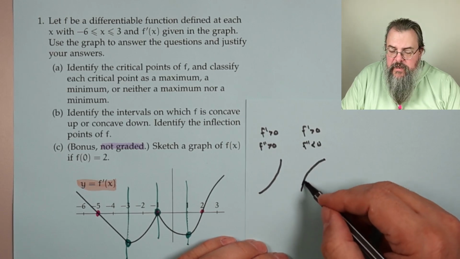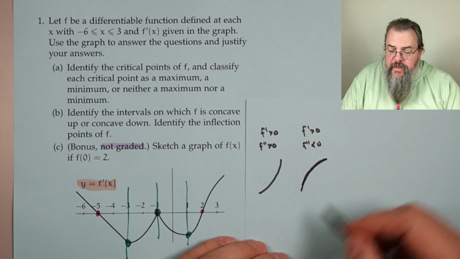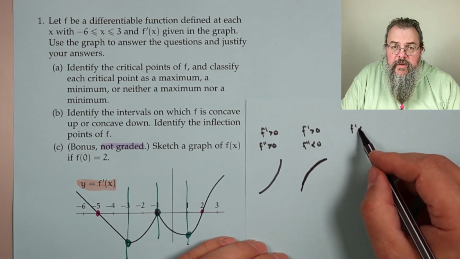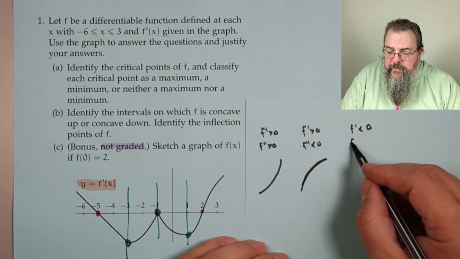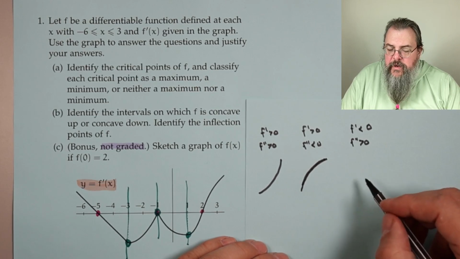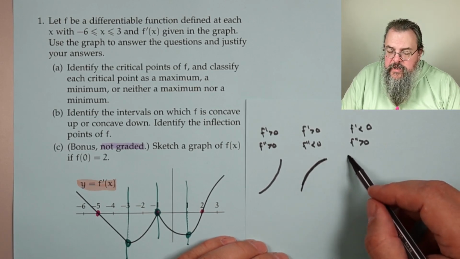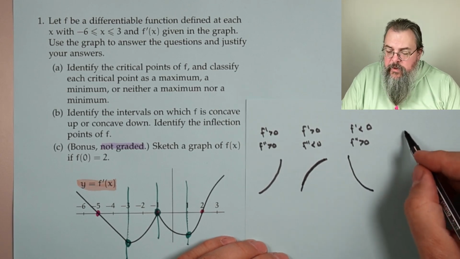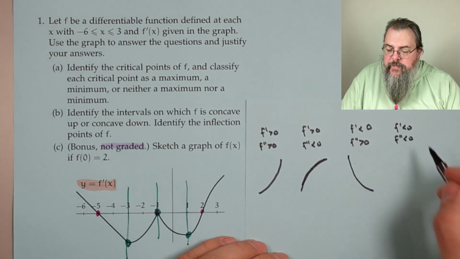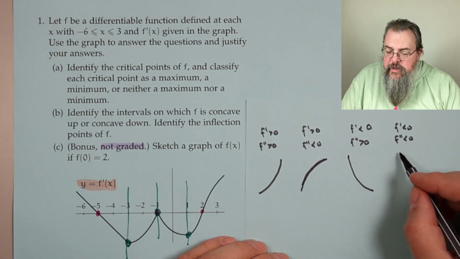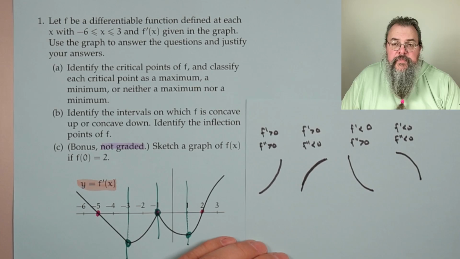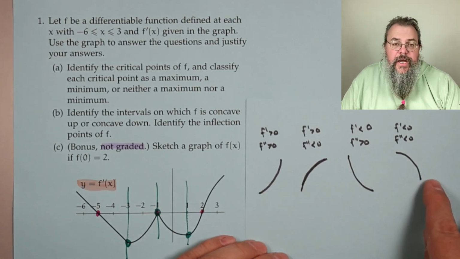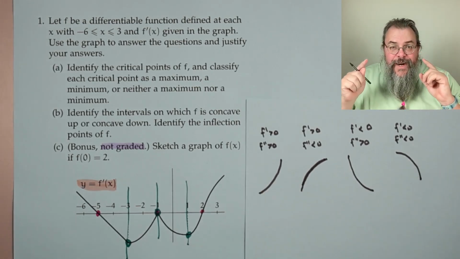We're going uphill, but starting to shallow out. If f prime is negative and f double prime is positive, now we're going downhill, but shallowing out. And if f prime is negative and f double prime is negative, we're going downhill and getting steeper. So these are your basic shapes, and we're going to keep that in mind.